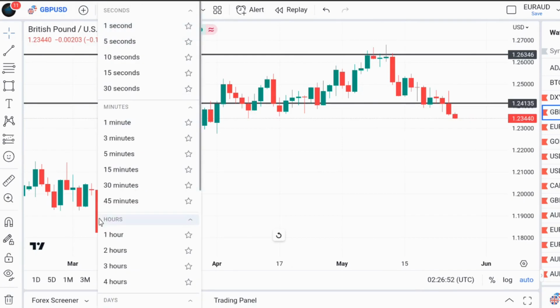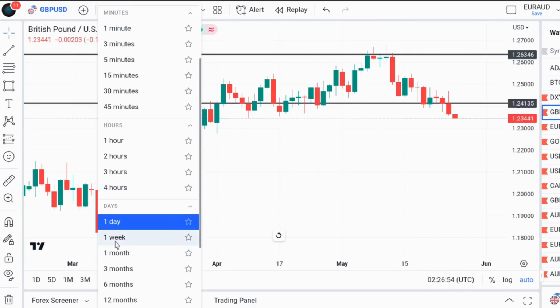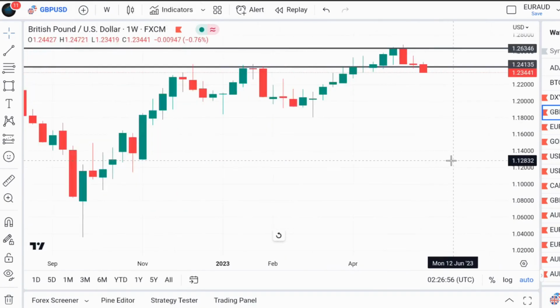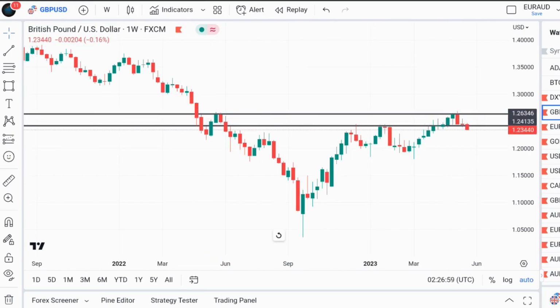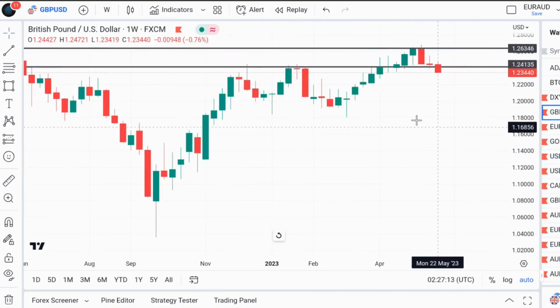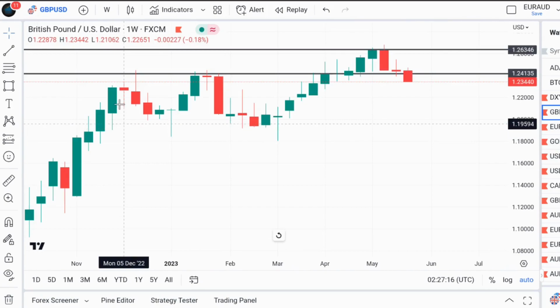If you go to the weekly time frame on GBPUSD, as you can see here, we have a rejection at this high, and here serves as the next support level, and guess what, it has broken the particular support level right now. As you can see, we have broken the support level.